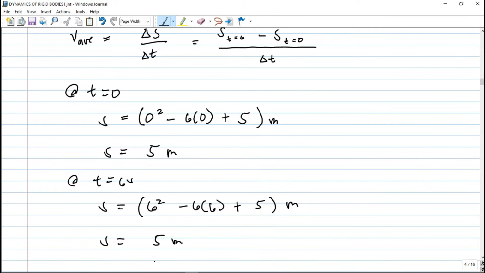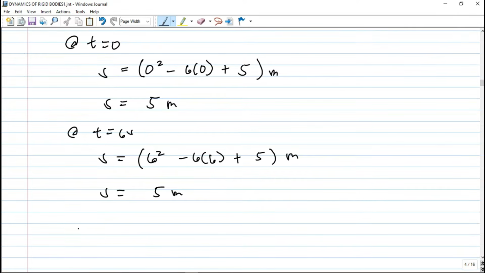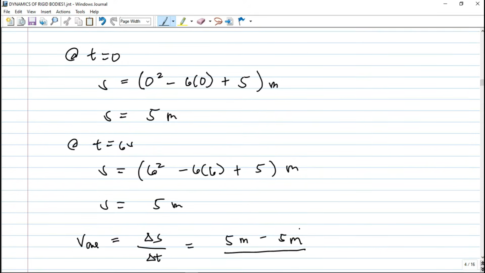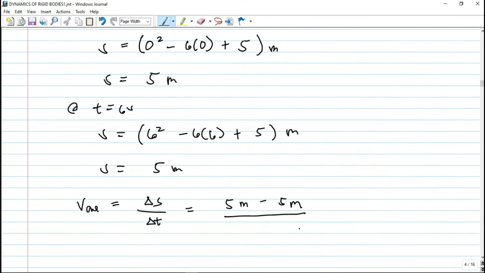Let's just substitute. The average velocity is equal to the displacement per unit of time. The final position is 5 meters minus the initial position, which is also 5 meters, divided by our change of time, 6 seconds minus 0.